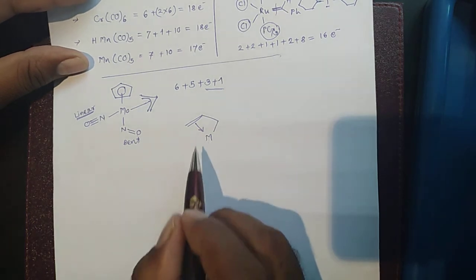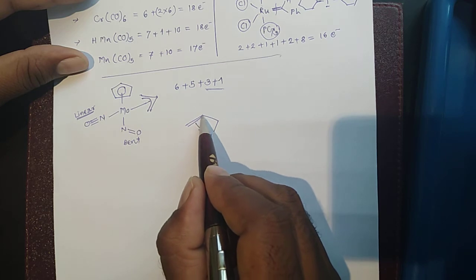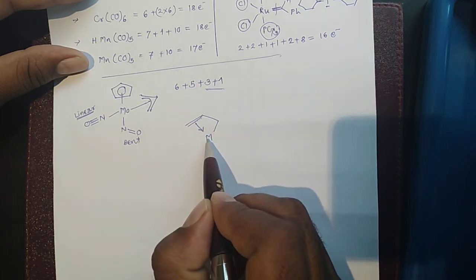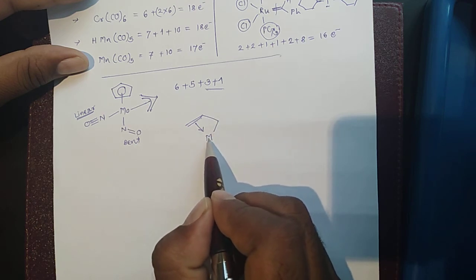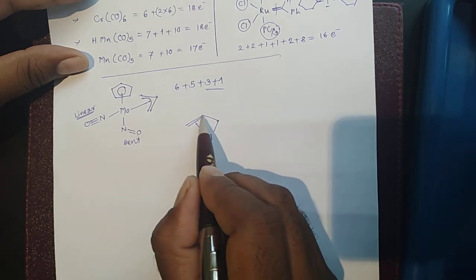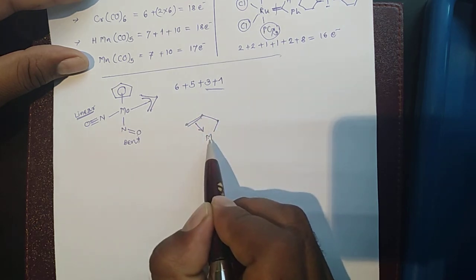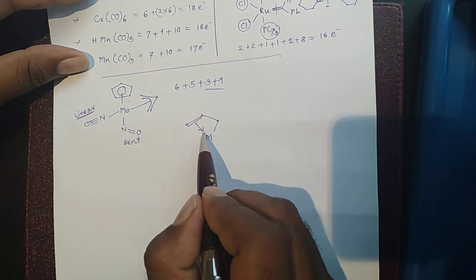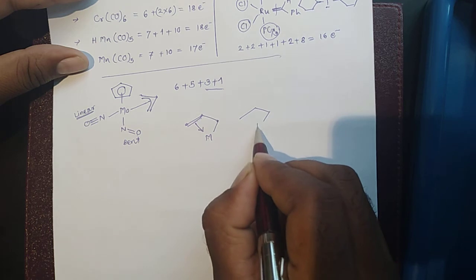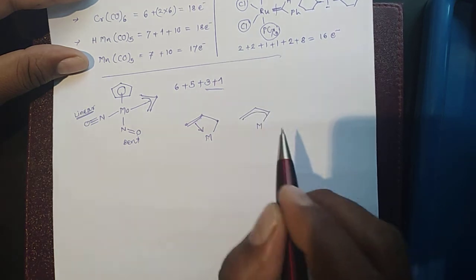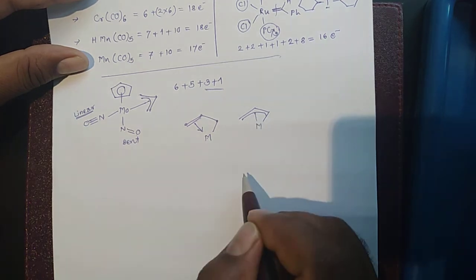It means this double bond, or both carbons, will donate electrons to this metal, and this also donates electrons to the metal. All three carbons are donating electrons to this metal. So we can write it directly like this, rather than how they have written it here.